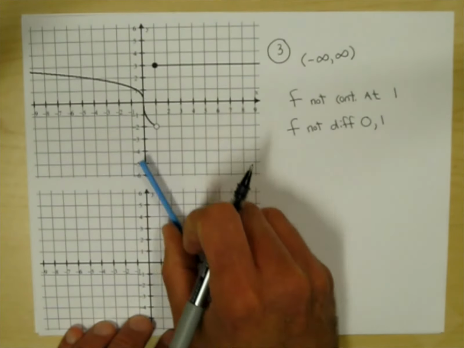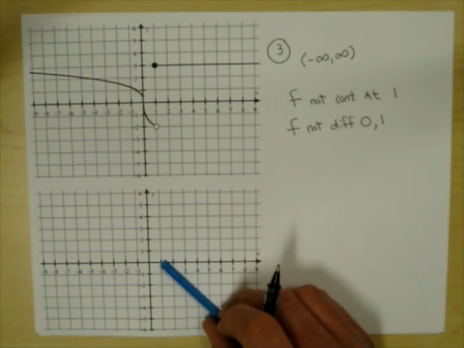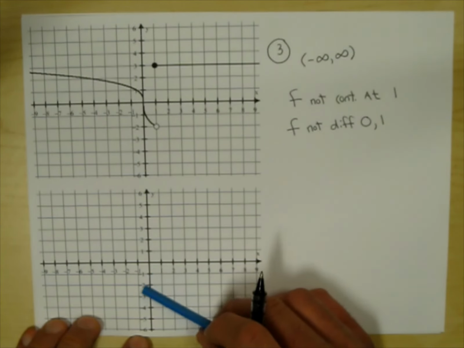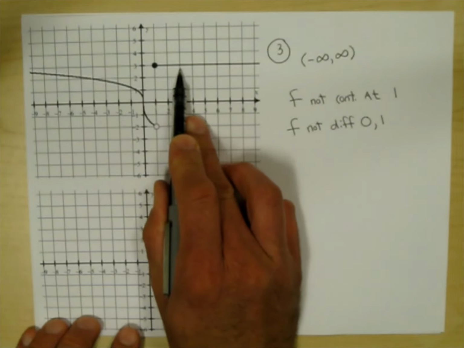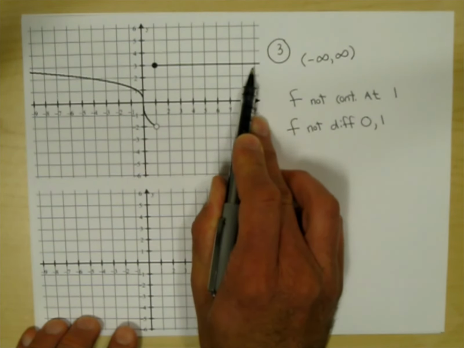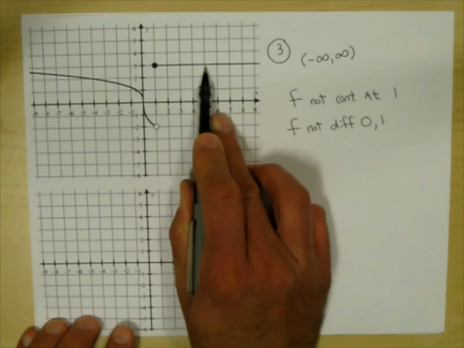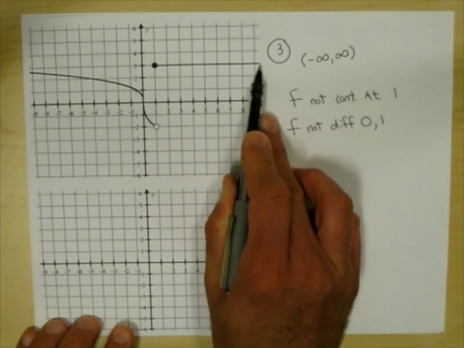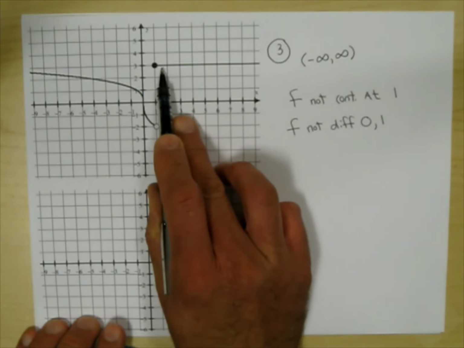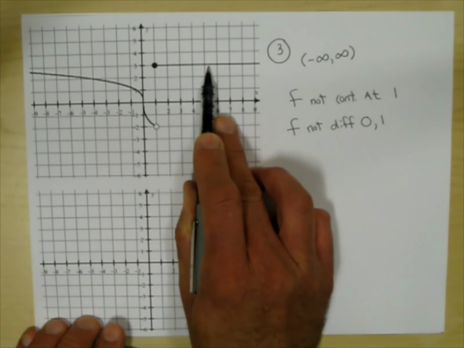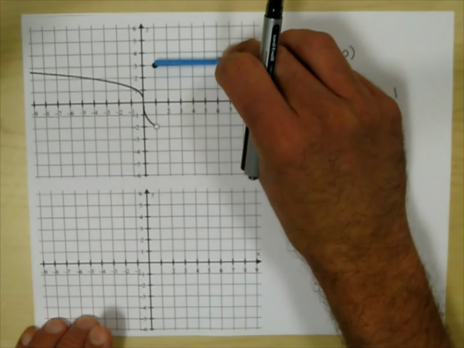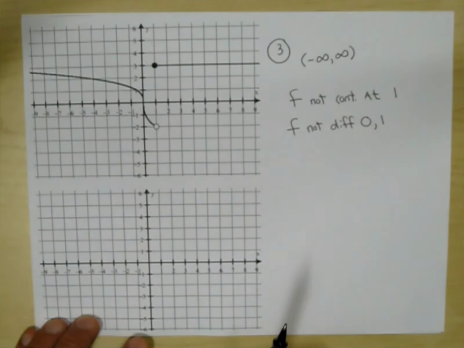Okay, let's see if we can draw this graph. Let's see how tough it is. Maybe we can do the easy part first. So what is the easy part? The easy part is this, they call it a ray in geometry, where there's a point and then it goes off this direction. It's like half a line. And so what is the slope of every point on this line here? Well, if you do a tangent line to any point on the line, it's horizontal, the slope is 0.